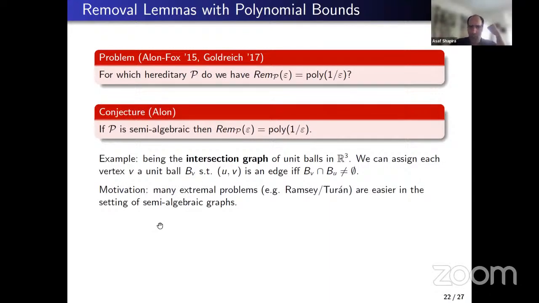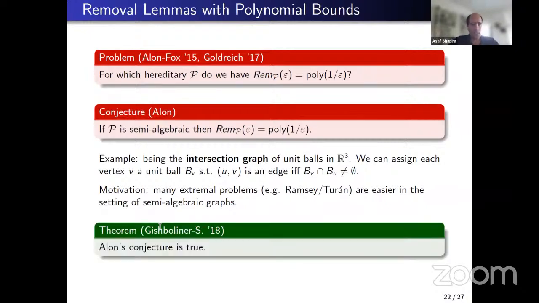What is the motivation? The motivation is that many extremal problems, for example Ramsey's theorem or the Turán problem, become much easier if we assume that our graph is semi-algebraic. But it's important to note here that we're not assuming that our input is semi-algebraic, but that the property we are studying is semi-algebraic.